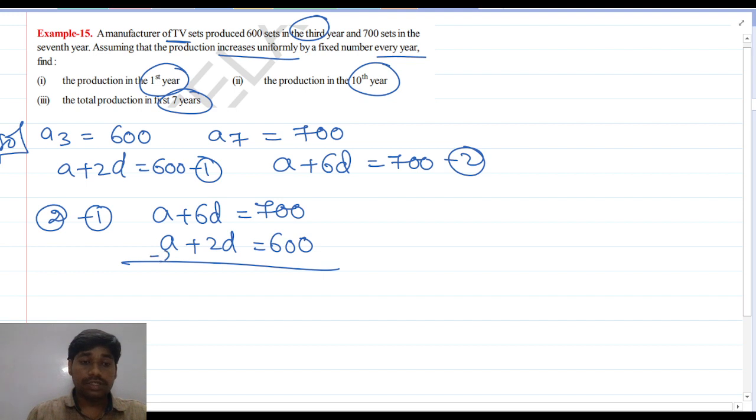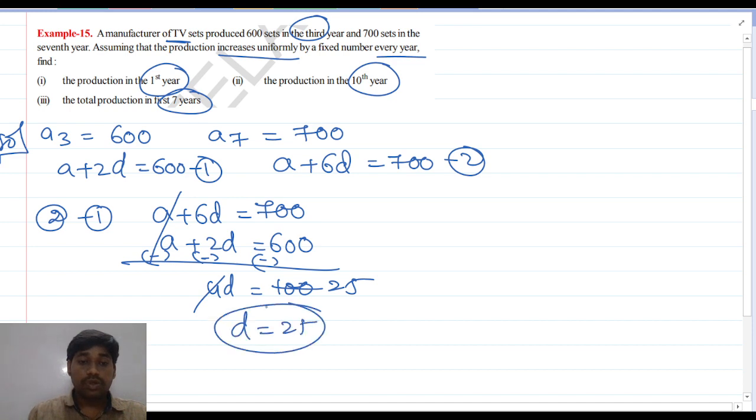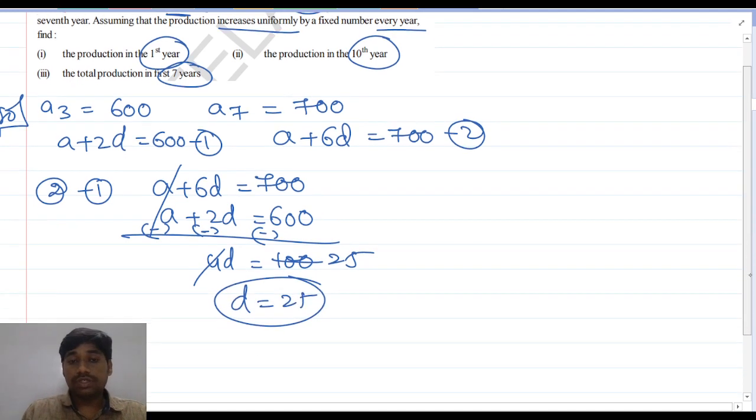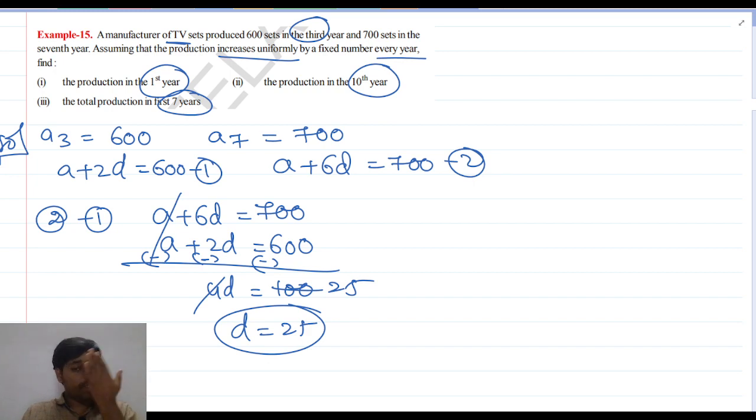After subtraction, a becomes 0, 4d is equal to 100, d is equal to 25. So the fixed common difference is 25; it is increasing by 25.